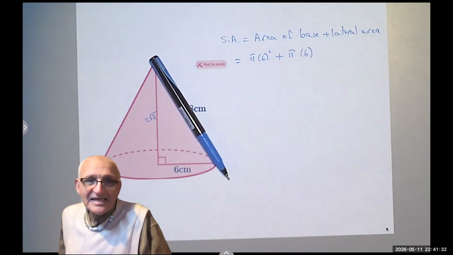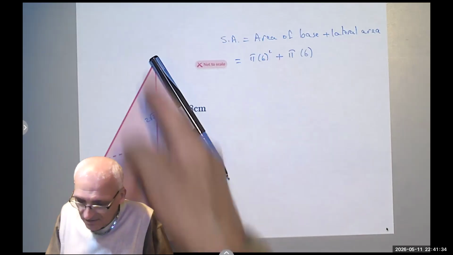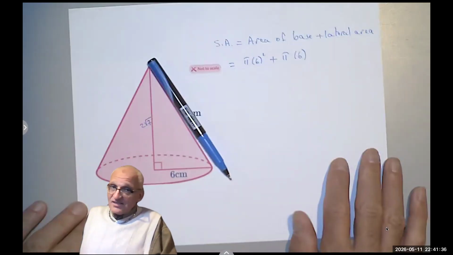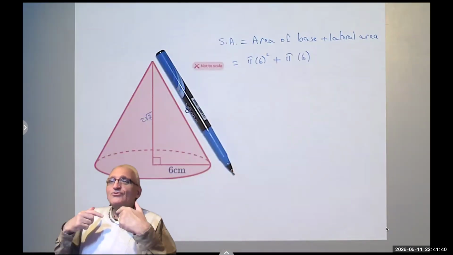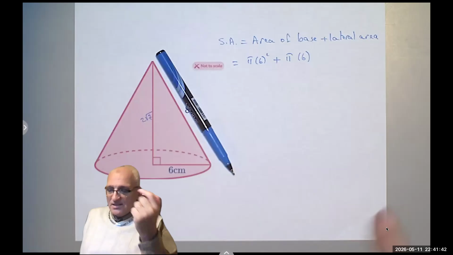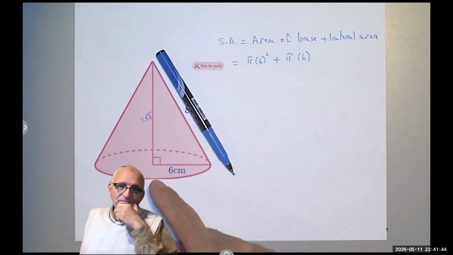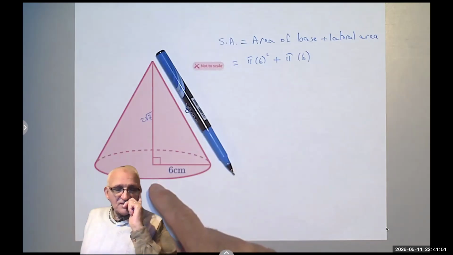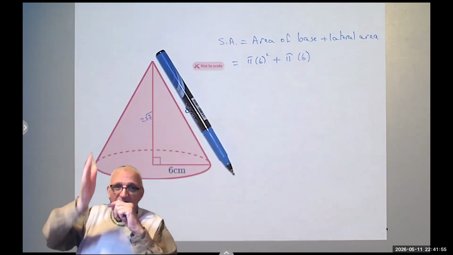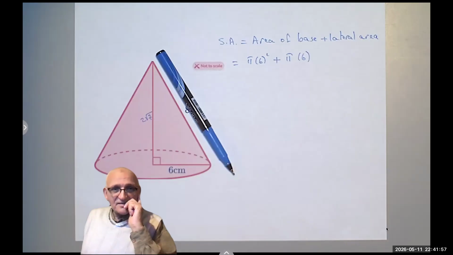You multiply by 8, not by the vertical height. That's a common mistake because we are going to use the height tomorrow when we calculate the volume of the cone or the pyramid, like the pyramid we just did. So for the cone and the pyramid, for the volume, we multiply by the height.